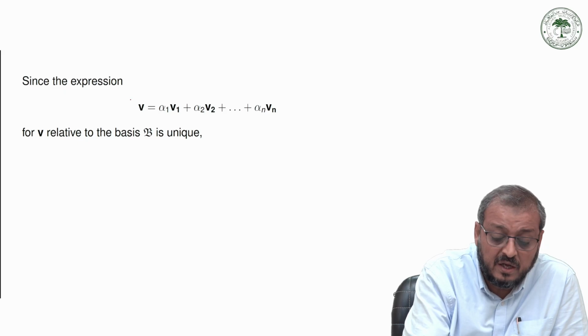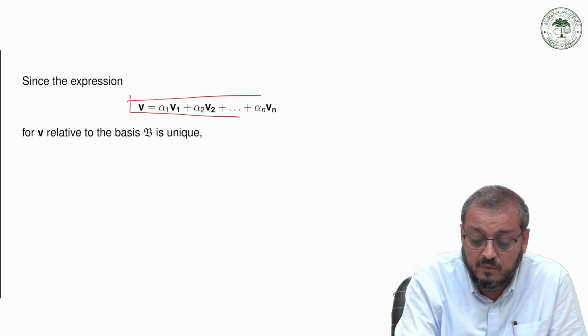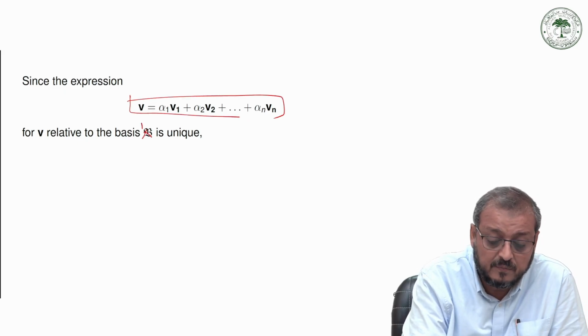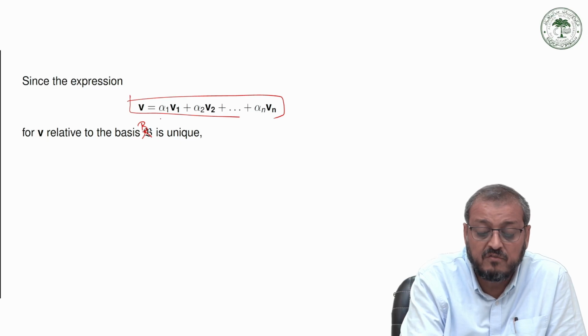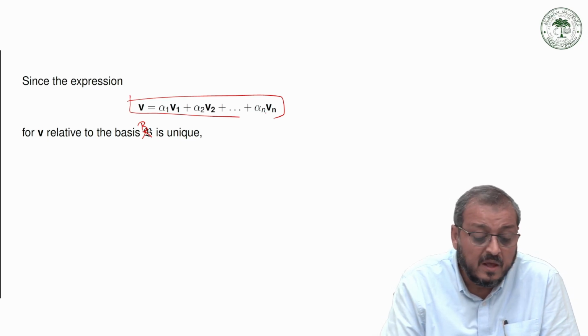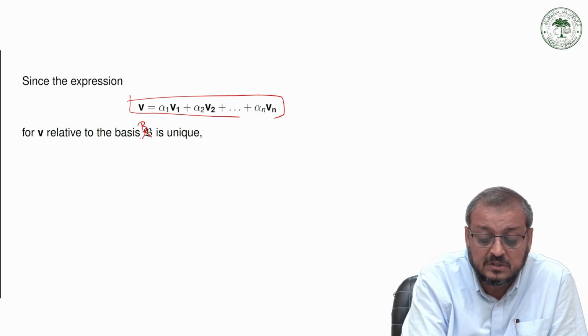Now since this is very important, let us write it down. v can be written as alpha 1 v1 plus alpha 2 v2 up to alpha n vn, and v relative to the basis B is unique.